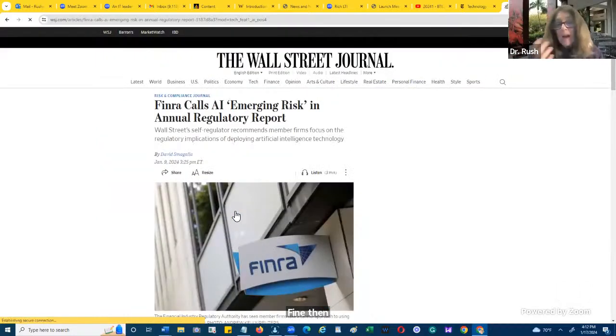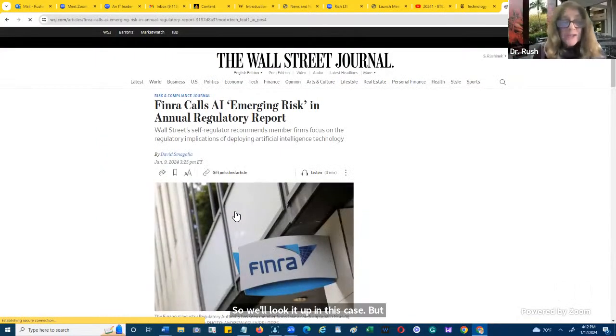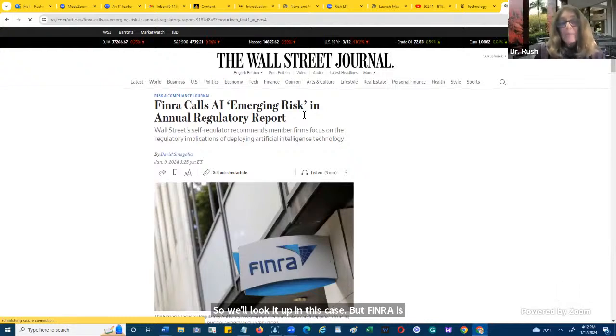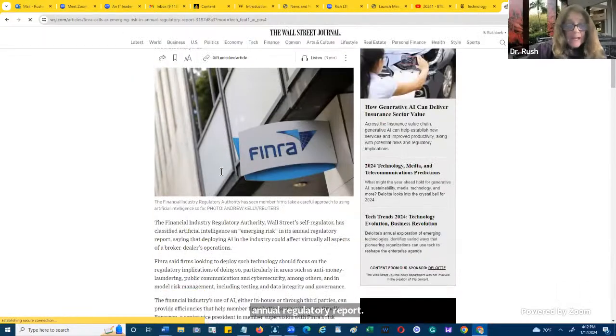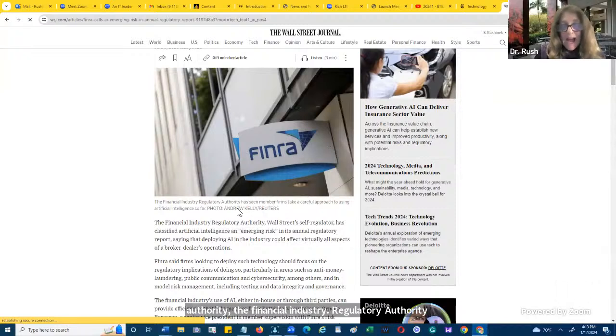But FINRA is a regulatory agency that calls AI an emerging risk in its annual regulatory report. So basically, the Financial Industry Regulatory Authority for the United States has seen that major companies are cautious about this AI because they don't really know what's behind it.